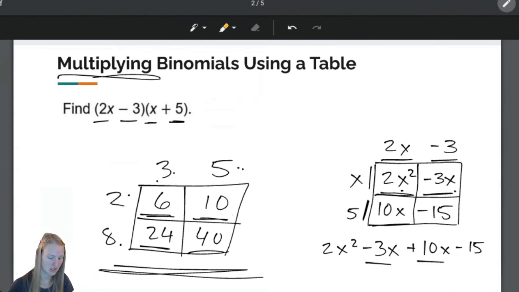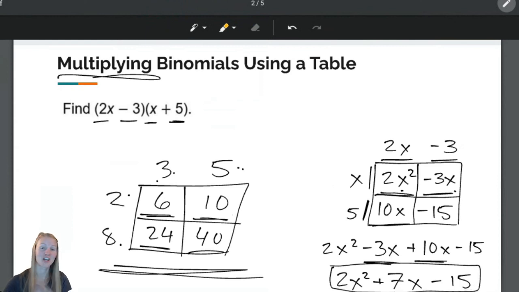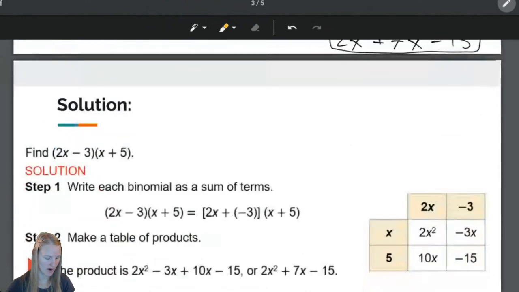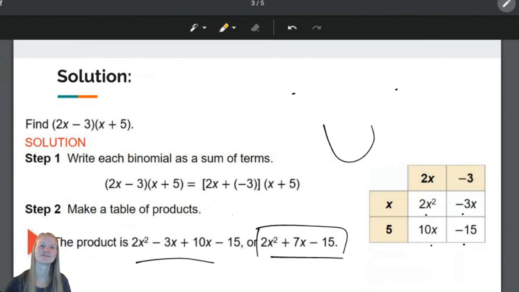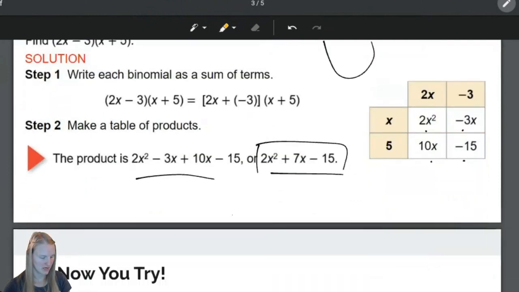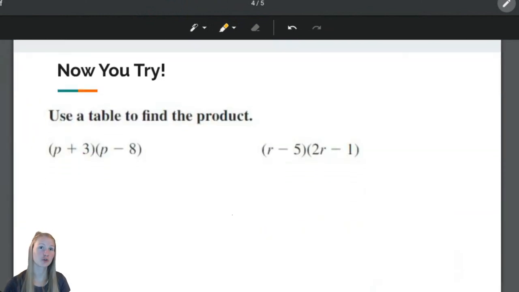We have to combine our like terms, so 10 minus 3 is 7x, and we get 2x squared plus 7x minus 15. Ta-da! That is another way that you can multiply binomials. Let's check and make sure that we were correct. Yes, beautiful. Combine like terms, beautiful.